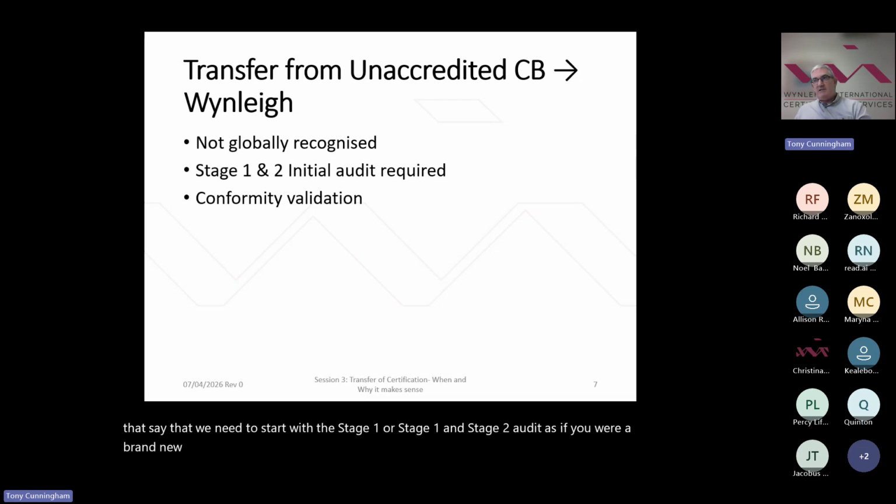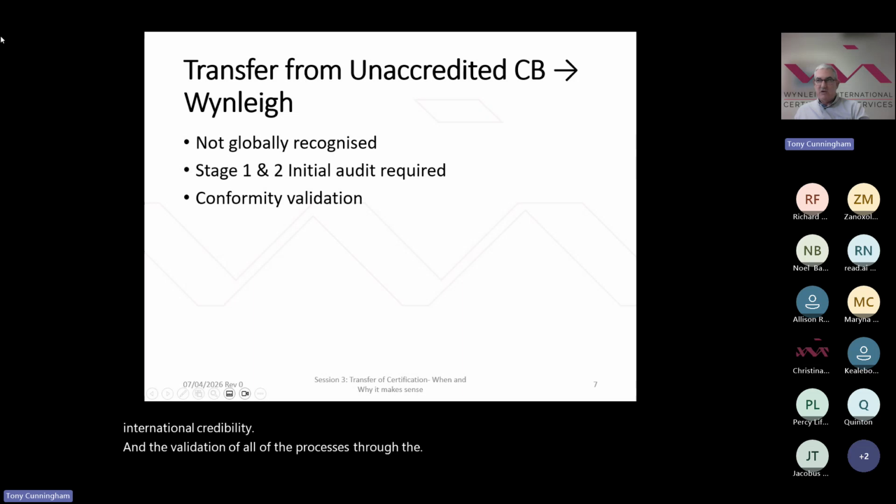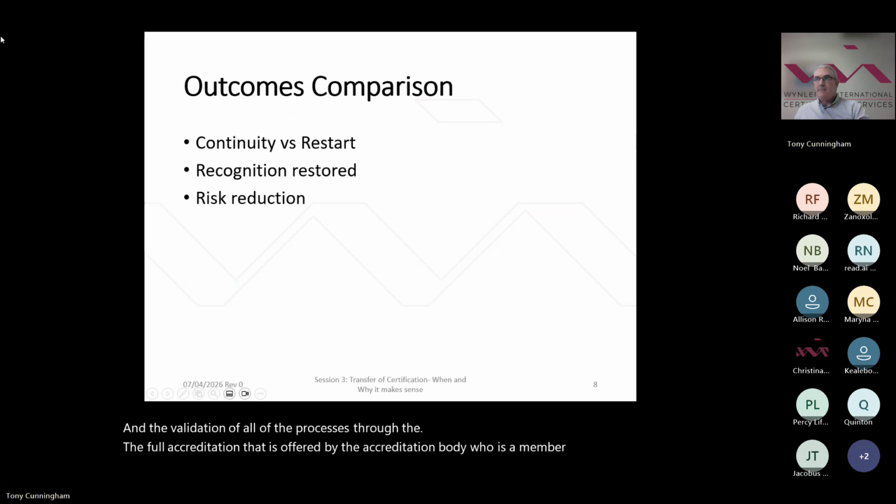But what that is doing then, if you were to take that step, is it's giving you the international credibility and the validation of all of the processes through the full accreditation that is offered by the accreditation body, who is a member of the IAF.